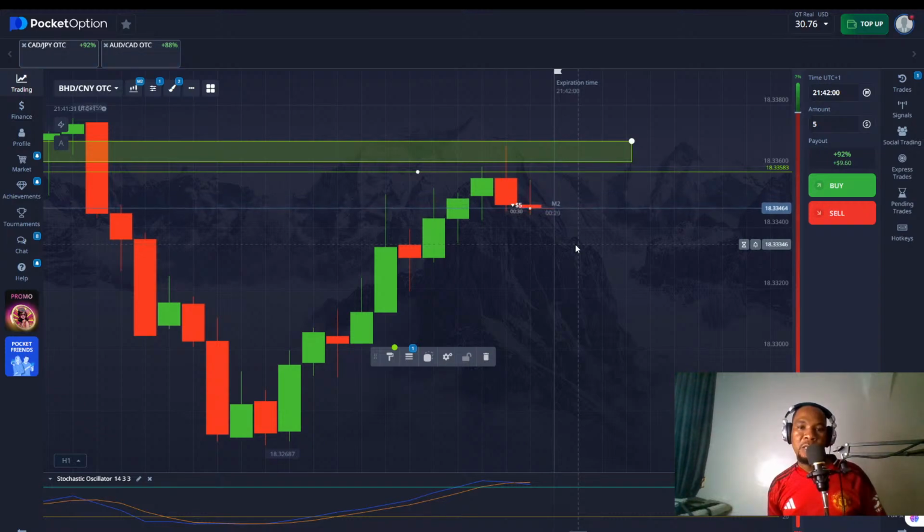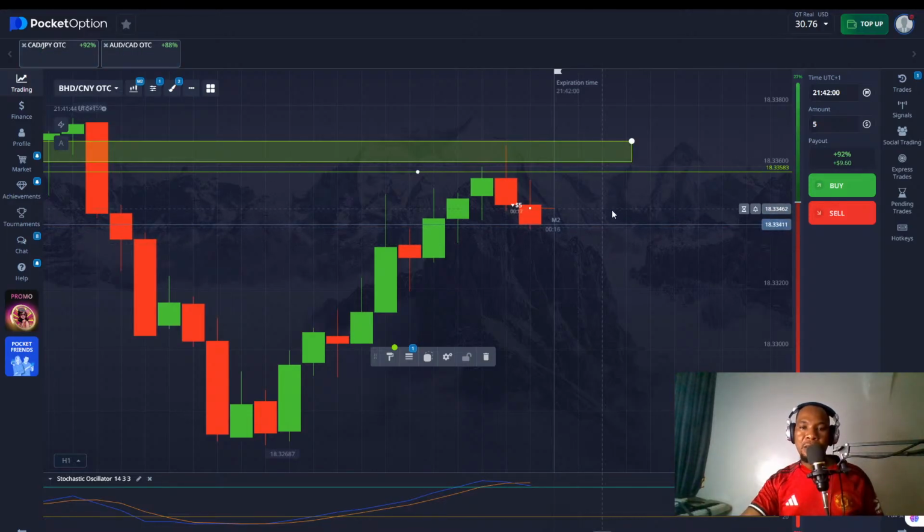Expecting price to push down. Yeah, so that's what I'm expecting. There should be a further push down.